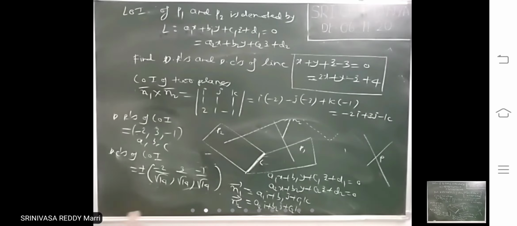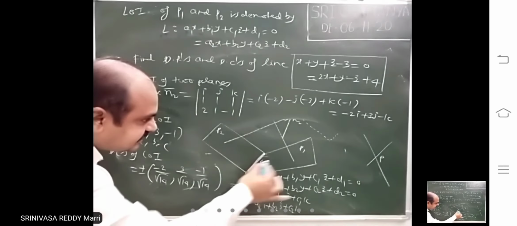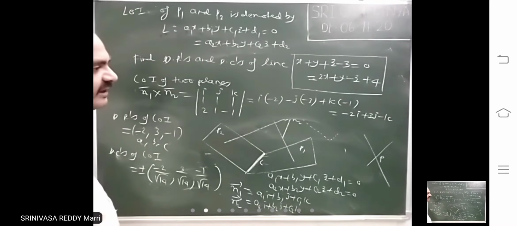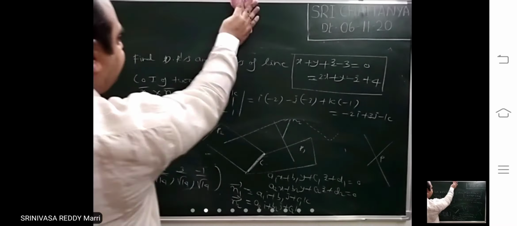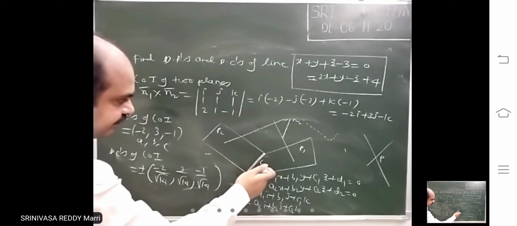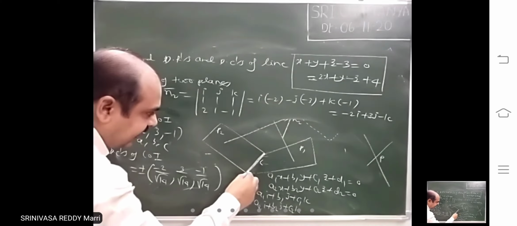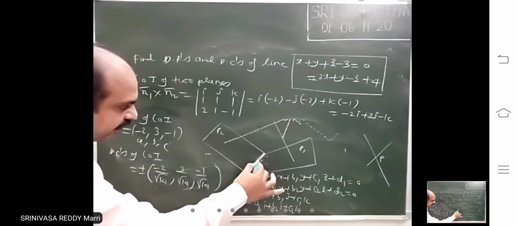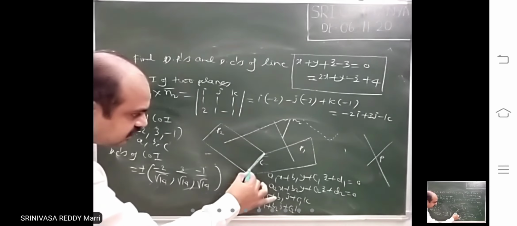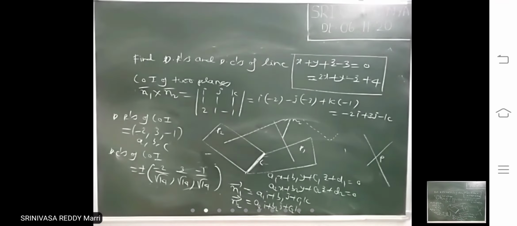Suppose you want to write this line in standard form. The line will always be in the form x minus x1 by a equal to y minus y1 by b equal to z minus z1 by c, right? For writing the line in standard form, you need a point on it. There are infinite points common to both planes. We will find one point.